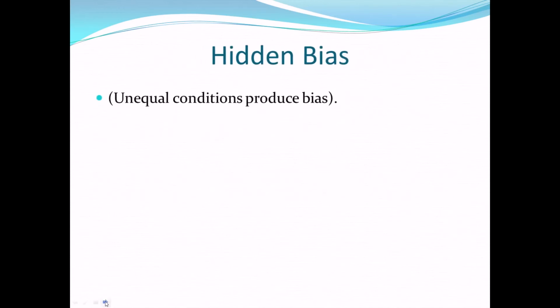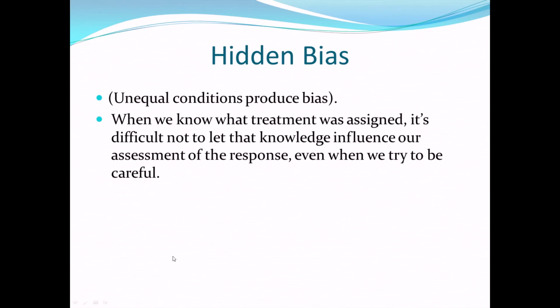All right, hidden bias. Now we're going to shift away from animals to people, because a lot of what we do in our attempt to run an experiment can ruin things with people. So unequal conditions, you know that, they produce bias.